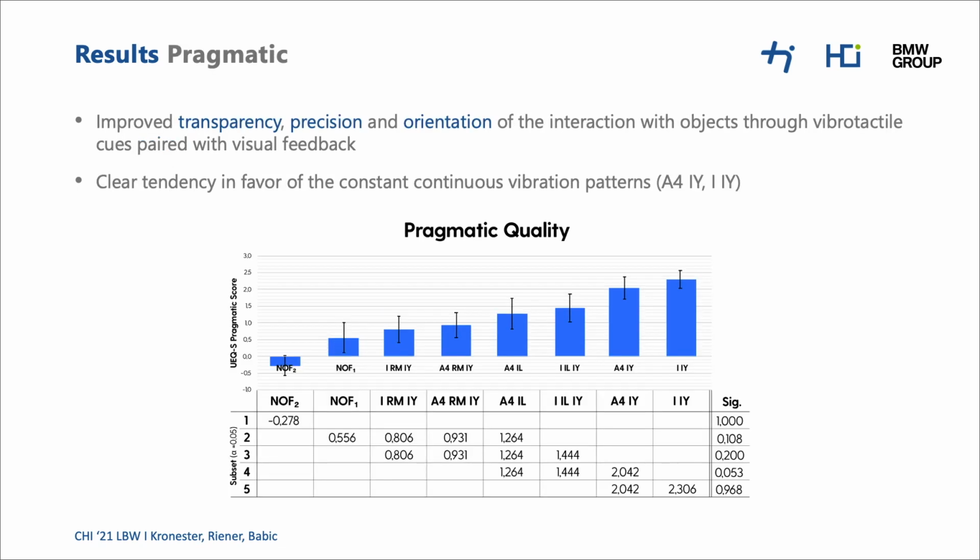From a pragmatic perspective, so regarding usability, the results as well as statements from the participants indicate an improved transparency, precision and orientation of the interaction through vibrotactile cues paired with vision. As significant differences between the vibration patterns reveal, timely accurate feedback of the continuous patterns, all 4 intensity and individual intensity, were preferred over the discontinuous interval patterns, and the rhythmic patterns were perceived as confusing, justifying their rather low pragmatic quality.